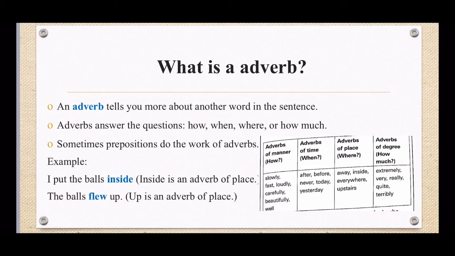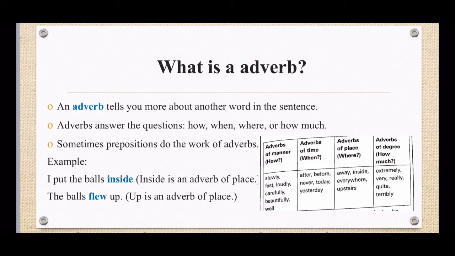So for example, the sentence, I put the balls inside. Inside we know is an adverb of place, but it's telling us about where someone put the balls, right? We know they put the balls inside. It's telling us more about another word in the sentence.